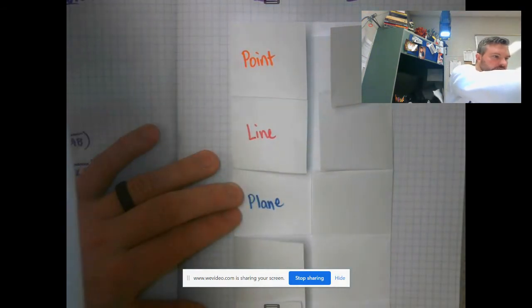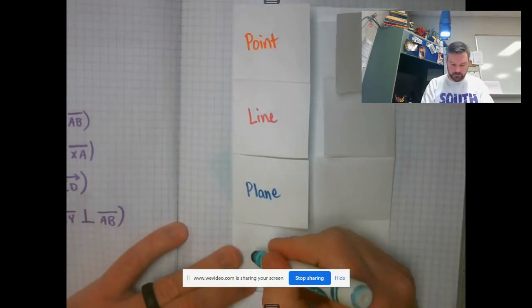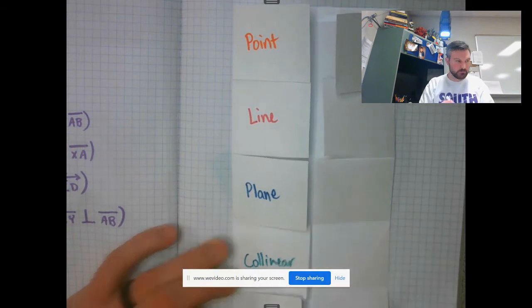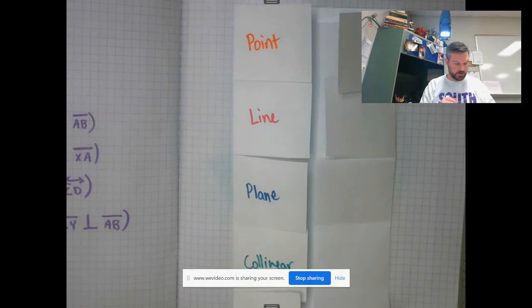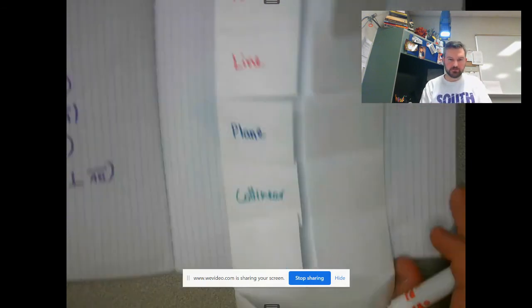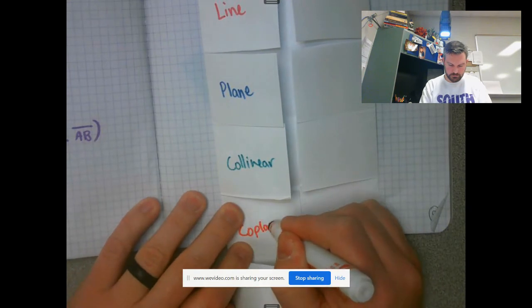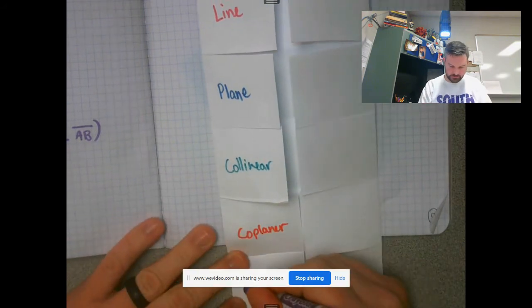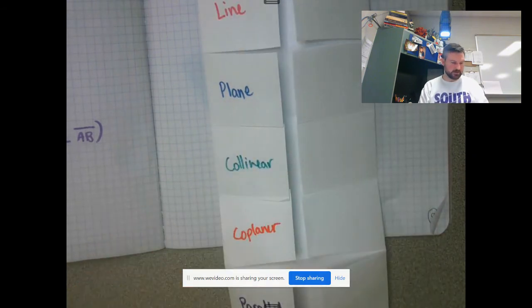Let's see, a green. We have collinear. We have coplanar. And we have parallel. That's all for that left side.